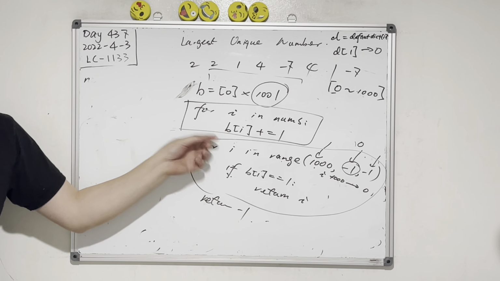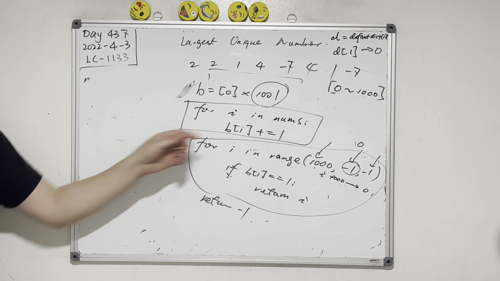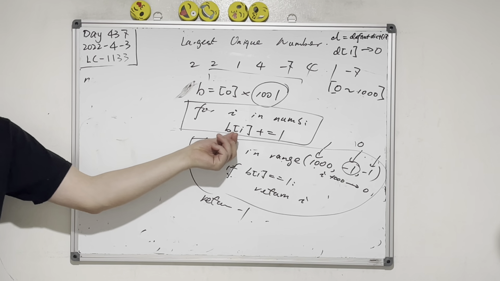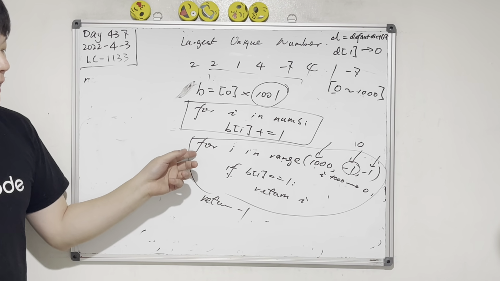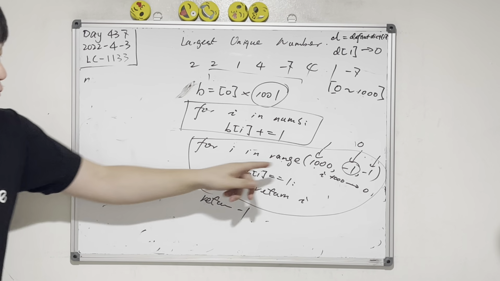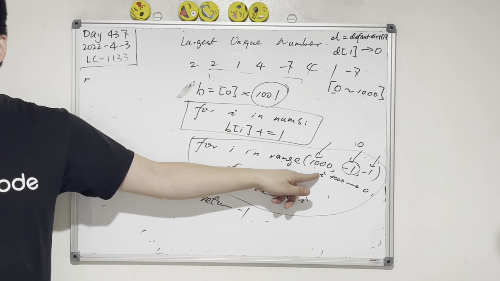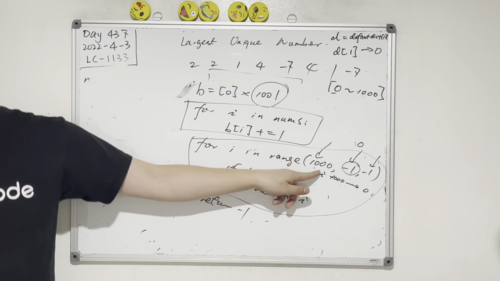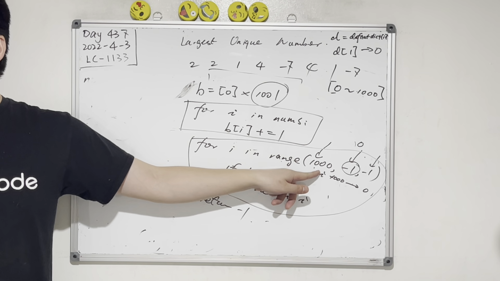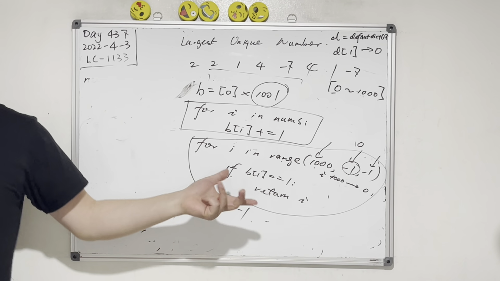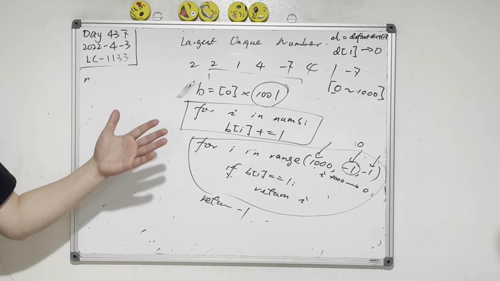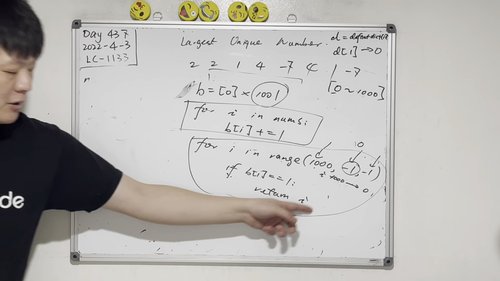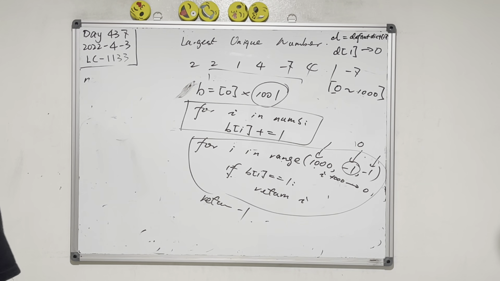For each bucket, we count how many numbers are placed under it. Because we're looking for the largest, we start from the last bucket, 1,000, and count backwards. If that bucket contains only one number, that means this is the largest unique number, then we return i. The time complexity is O(n). Okay, that's it for today.